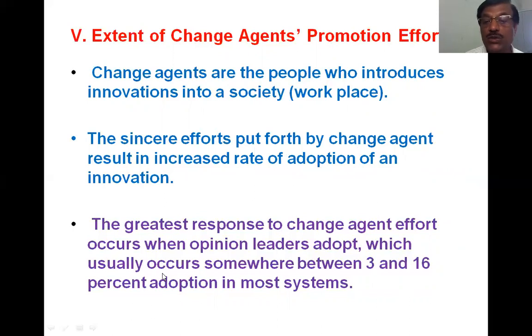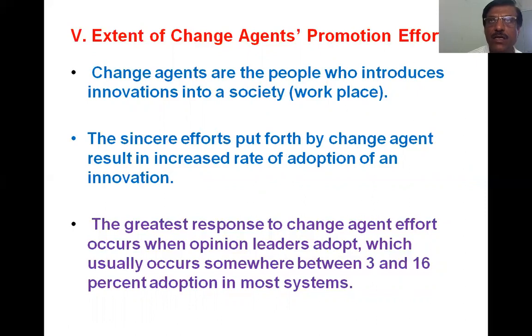The greatest response to the change agent's efforts occurs when opinion leaders adopt the innovations. If the opinion leaders adopt the innovations, further spread occurs very easily.